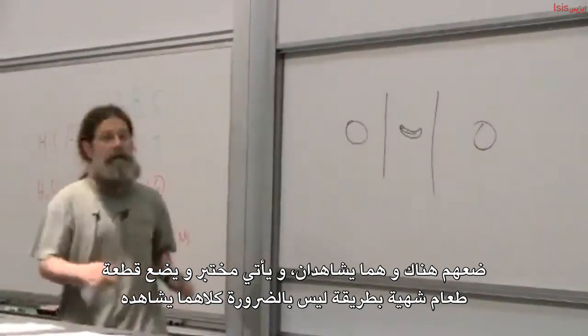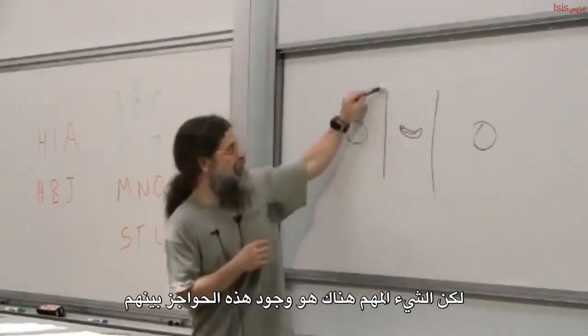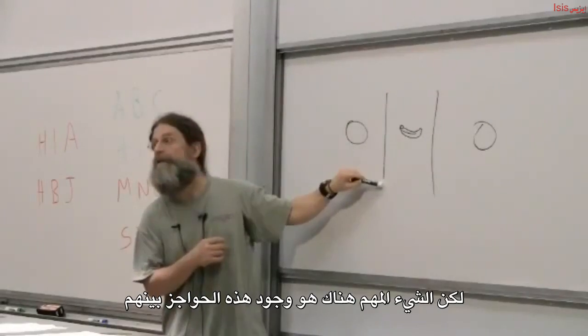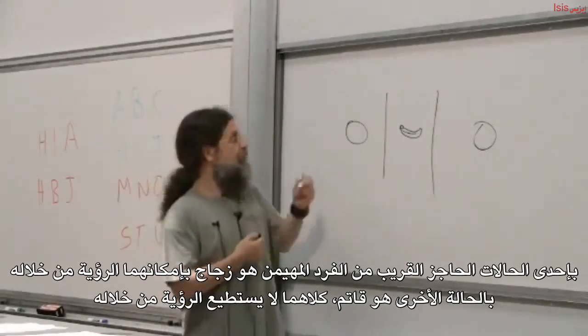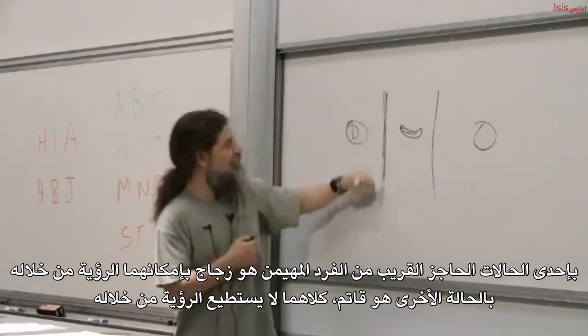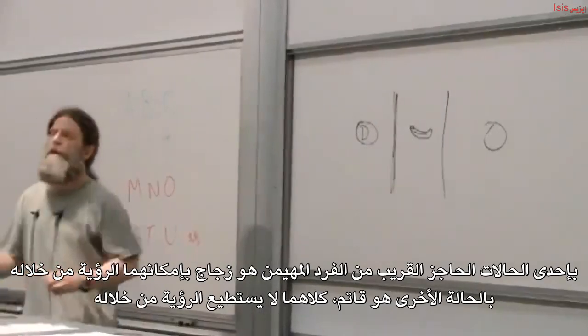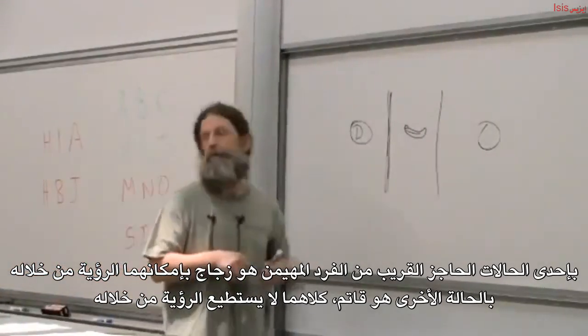The main thing here is that there are these dividers in between. In one case, the divider near the dominant individual is glass. They can see through it. In the other case, it's opaque. They can't see through it.